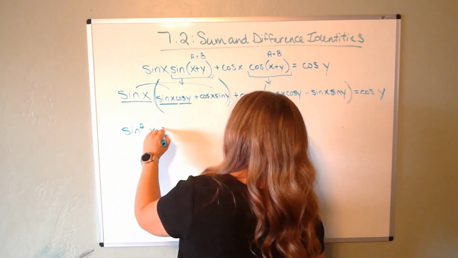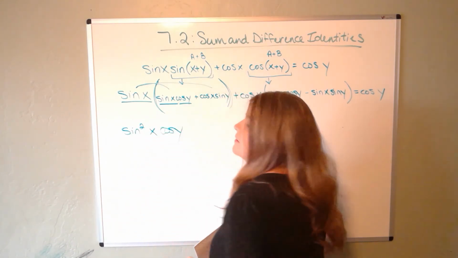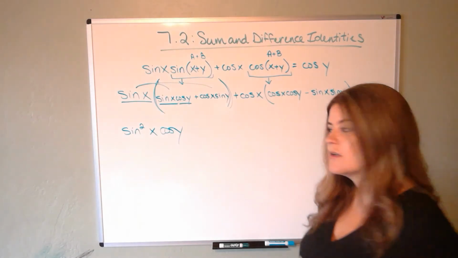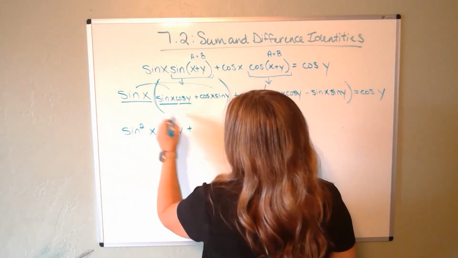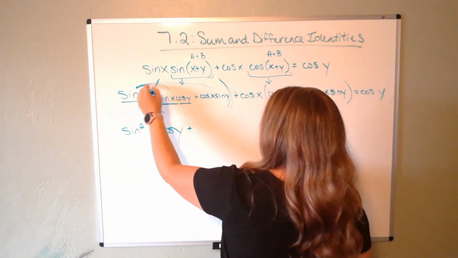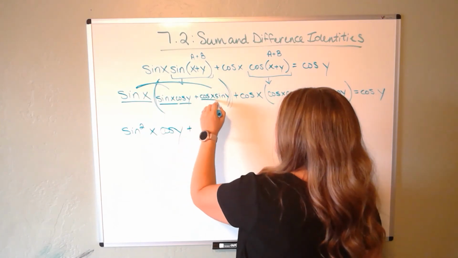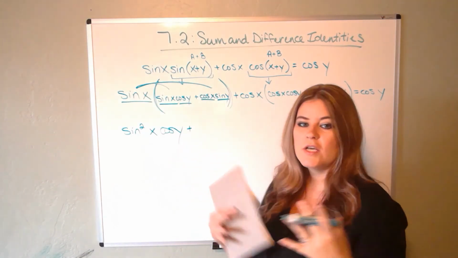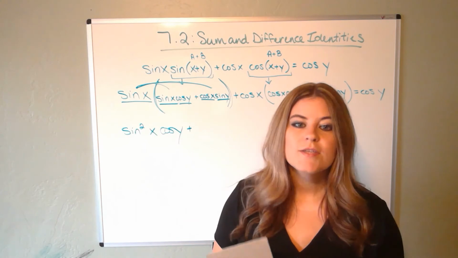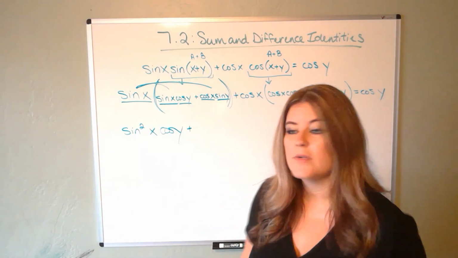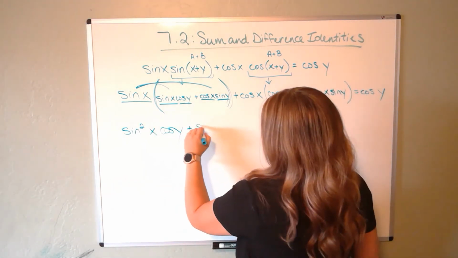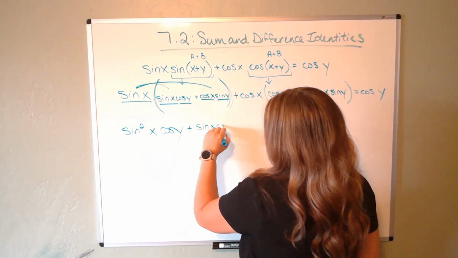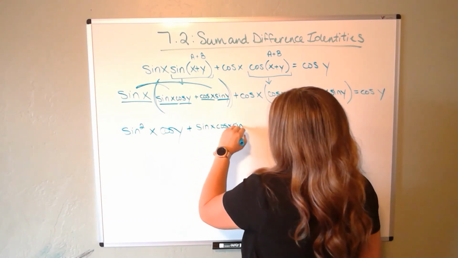And then this cosine y is just going to come along. So I have sine squared x cosine y plus, when I do sine x times cosine x sine y, none of those combine, right? So it's just going to be all three of those terms right next to each other. So I'll have sine x cosine x sine y.